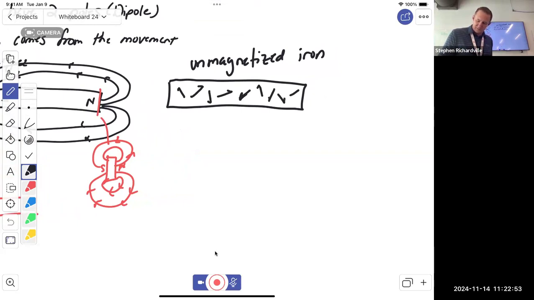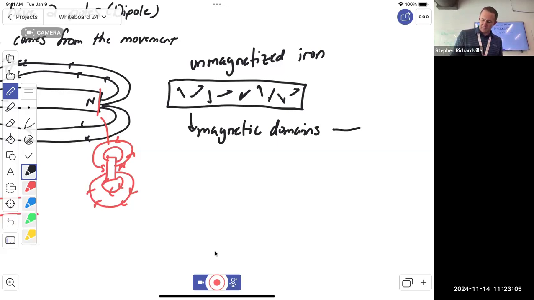Okay, in an unmagnetized iron, my little magnetic domains, which are like little norths and souths, are random.